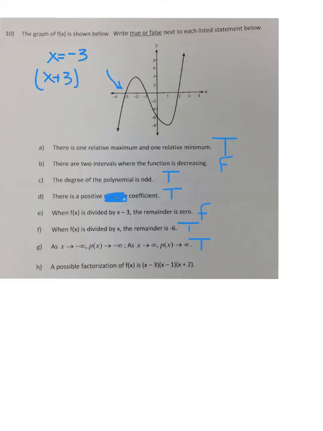But let's keep going. So I look at my next 0. That's at x equals -1, which means that factor should be x plus 1, which again is not what I have. But let's keep going anyway. Here we go. My 0 is at x equals 2, which means my factor should be x minus 2, which is not what I have in H. So H then would be false.